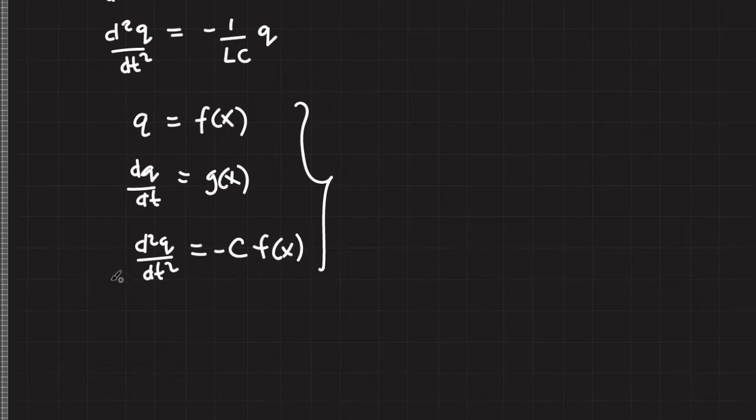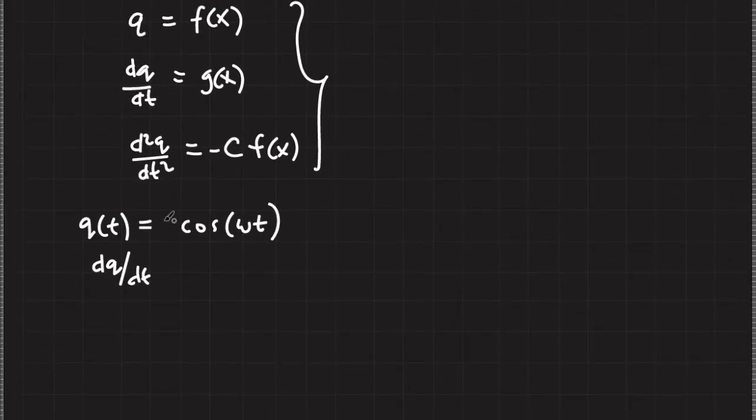So to solve this equation, let's assume that Q of t is equal to a trigonometric function like cosine omega t. So if I get the first time derivative, it is equal to negative sine omega t times omega.